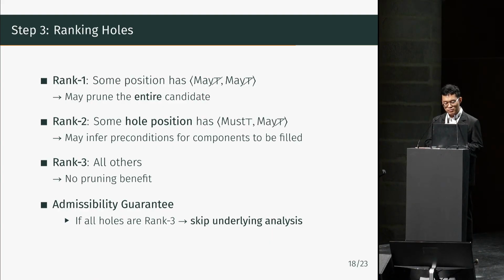We can't prune the entire candidate, but we may infer preconditions for components to be filled at that hole. So this might help too. And rank 3 are the other ones: no evidence, no pruning benefit. And there will be the admissibility guarantee. We prove this guarantee: if all holes are rank 3, we can skip the underlying analysis.